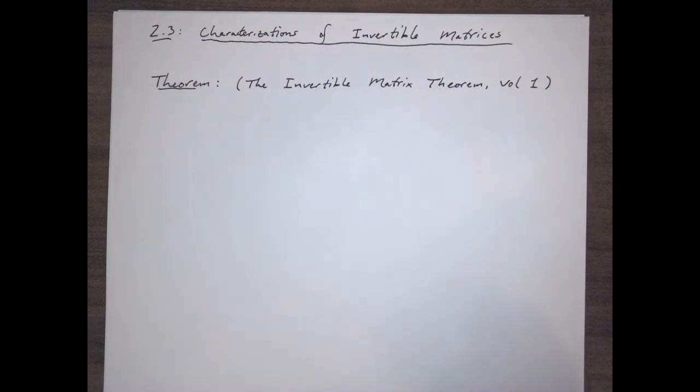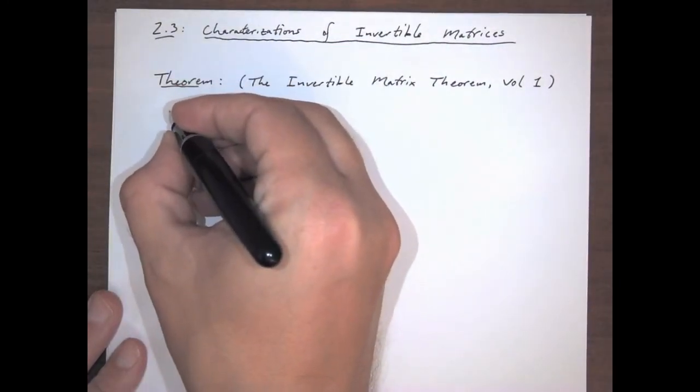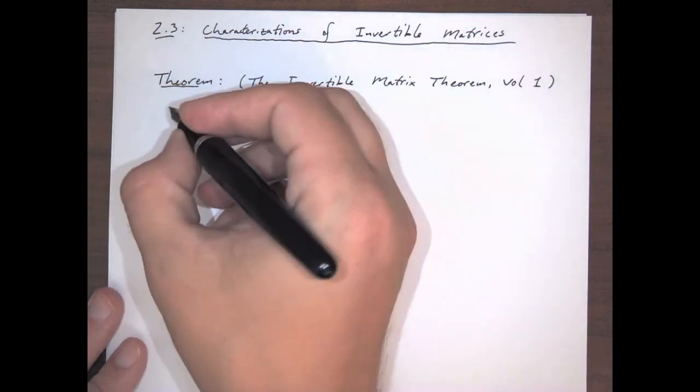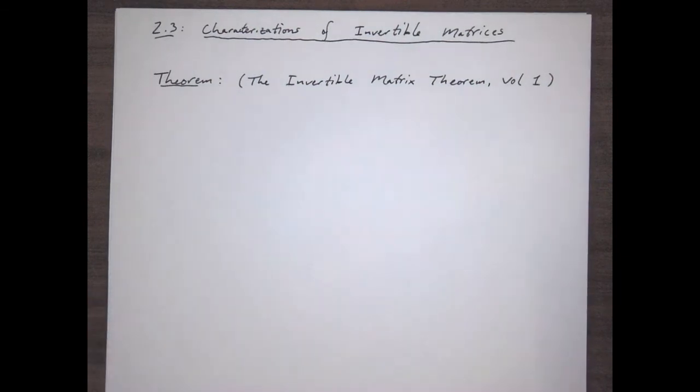Alright, so here's the setup. We are going to be talking about an n by n matrix, so a square matrix. Anytime the word invertible is in play, unless you have some reason to suspect otherwise, you should always assume that we're talking about a square matrix. The question of invertibility doesn't even quite make sense if it's not a square matrix.